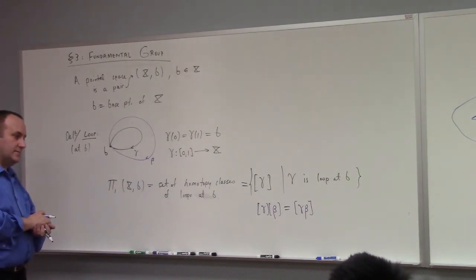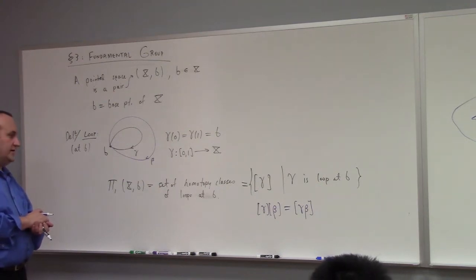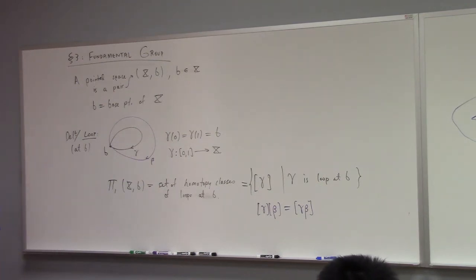Well, the notation we've justified last time. If we take the join of gamma beta, which is to say that we take gamma, run at double speed, followed by beta, run at double speed, that gives us a new path, gamma beta.